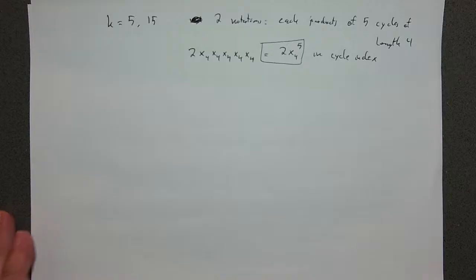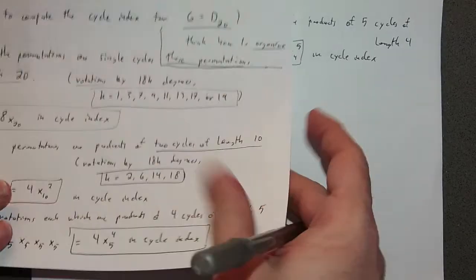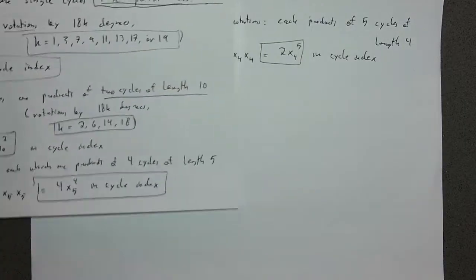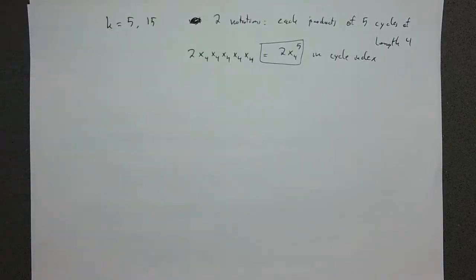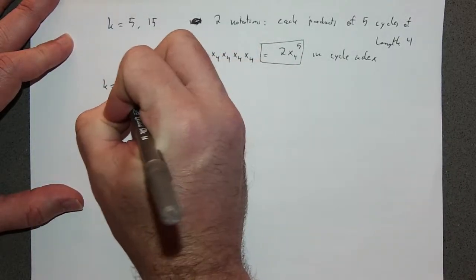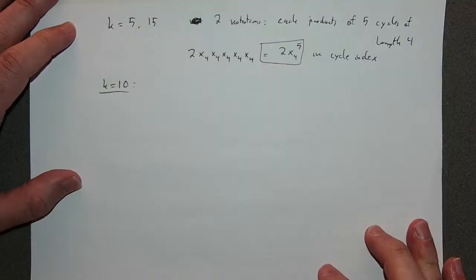Okay. What haven't we covered so far? Going through our values of k here, I haven't done k equals 10. K equals 10 is the last one I haven't done apart from the identity. So k equals 10.